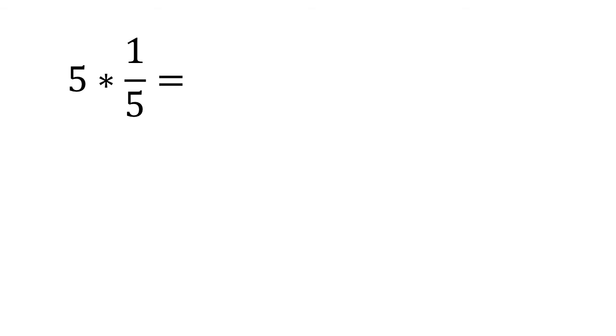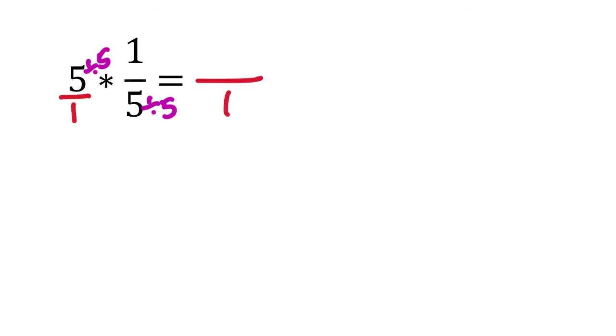And yes, I do think that cross simplification will come in handy on this one, but see this, this 5 right here is just standing alone there. Well, I could make it a fraction as 5 over 1. See that? Well, then I have these 5's in my numerators, and I could say, well, that 5 can be divided by 5, and same with this one, which is going to make new fractions.